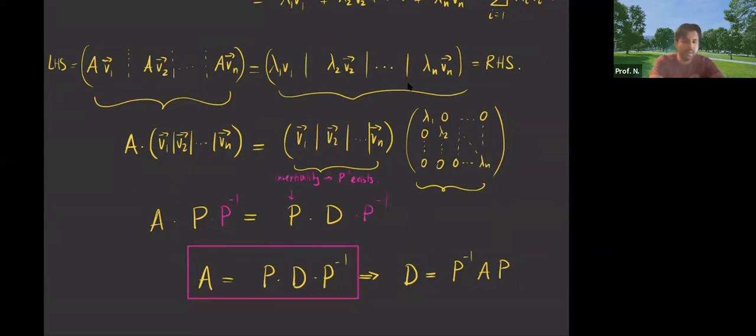So the example that we had originally, we had a 3x3 matrix, so we expected to have 3 linearly independent eigenvectors, but we only got 2. So the moment we got only 2 linearly independent eigenvectors, that implies that the matrix is not diagonalizable.